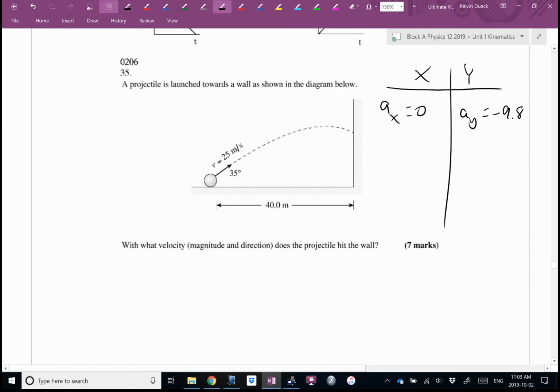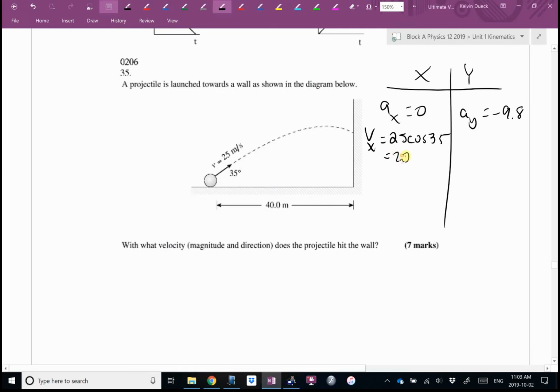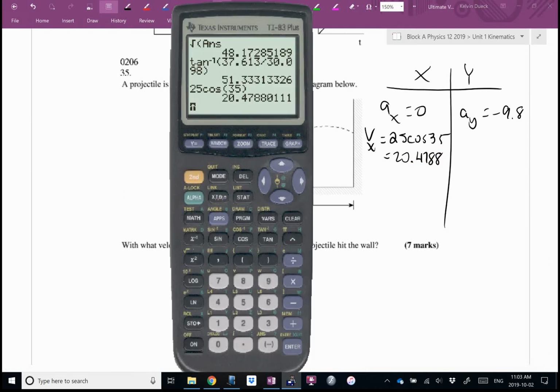So let's get Vx, which is, I think, going to be cosine, which is 20.4788. That's a good place to round off. And Vy, which is sine.